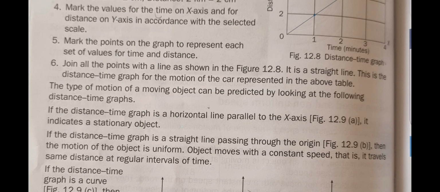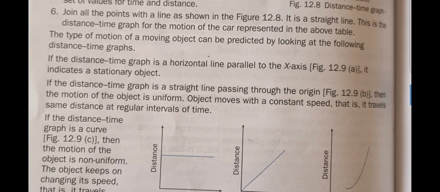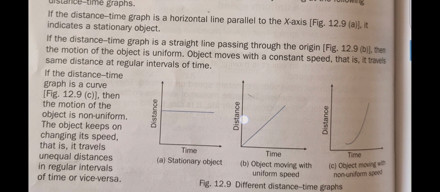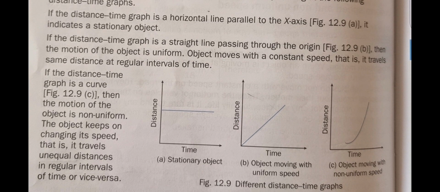If the distance time graph is a horizontal line parallel to the x-axis, it indicates a stationary object. If the distance time graph is a straight line passing through the origin, then the motion of the object is uniform.